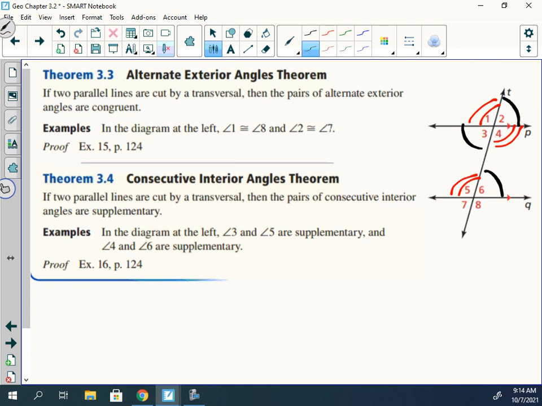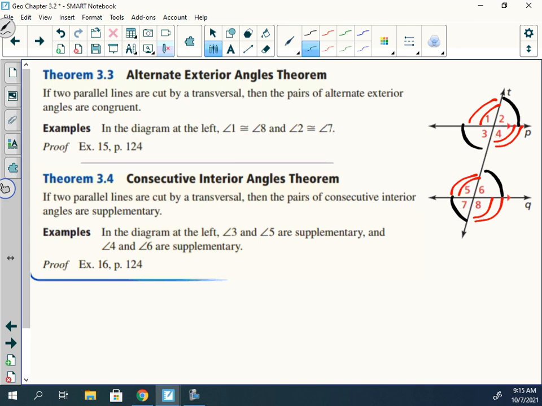Well, going from here, we could say that the corresponding angles are congruent, right? Well, that is 1 and 5, 2 and 6. We already kind of said that, didn't we? From the way we have it marked. Alternate exterior angles would be 1 and 8, then we also have 2 and 7.